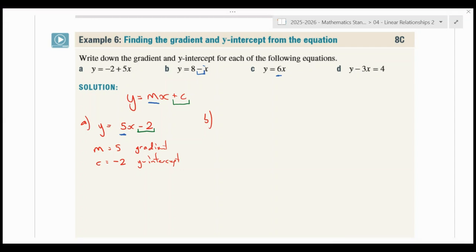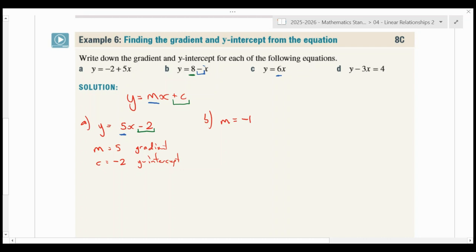So question B, we've got that one. And now let's underline the constant or the number without anything. There it is. It's just an 8. Over here, well, there's nothing there, so we don't worry about that one. And over here, we've got a 4. But like I said, we'll come back to that question. All right. So in other words, question B, our gradient is minus 1 because there's a minus in front of the x.